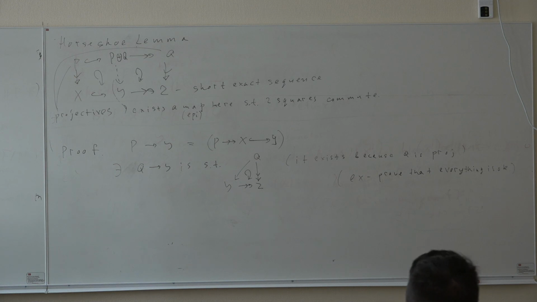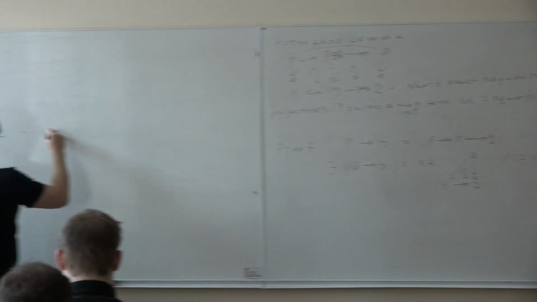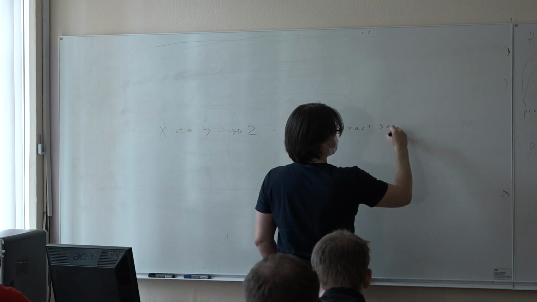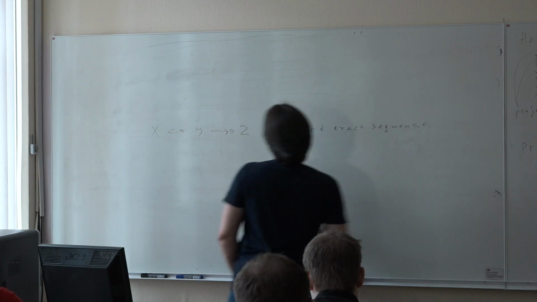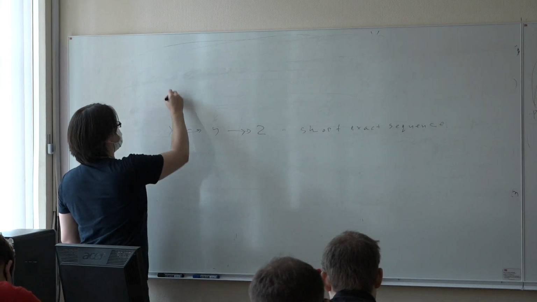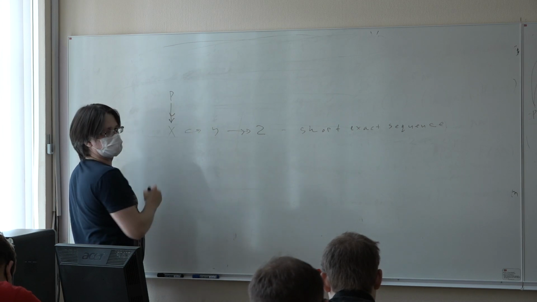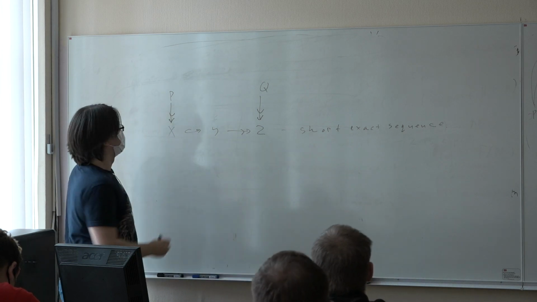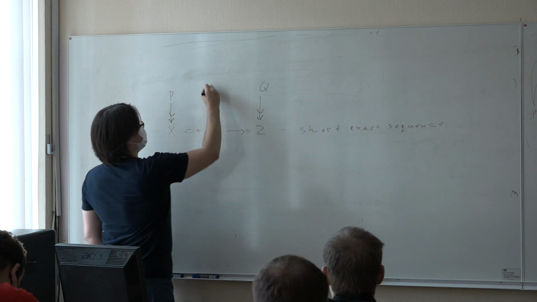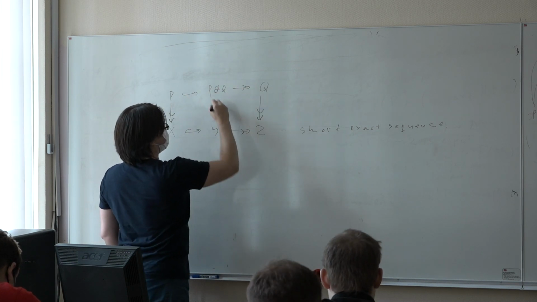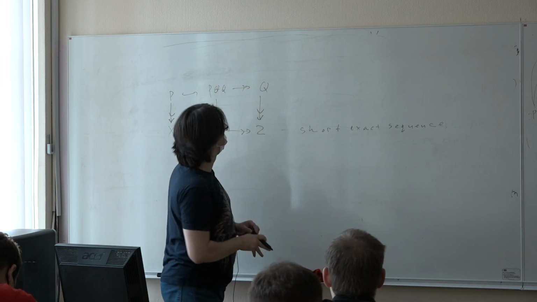Let x, y, z be a short exact sequence, then we can take some projective, some epimorphism from a projective module to x, some epimorphism from a projective module to z, and by the Horseshoe lemma we can construct here an epimorphism too.